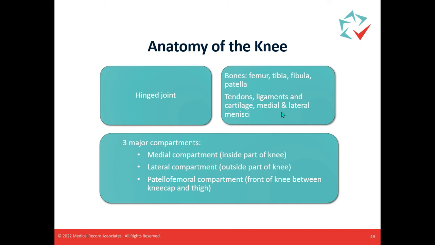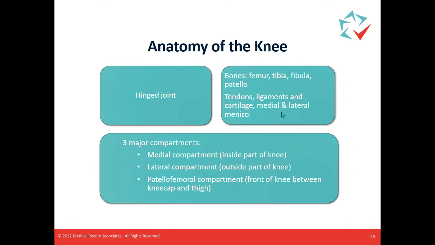And some anatomy of the knee. It's considered a hinge joint because the movement allows the leg to extend back and forth like a hinge would. It is the largest joint in the body. The knee structure includes the femur, the tibia, the fibula, and patella, the articular cartilage, the medial and lateral menisci, ligaments, and tendons.